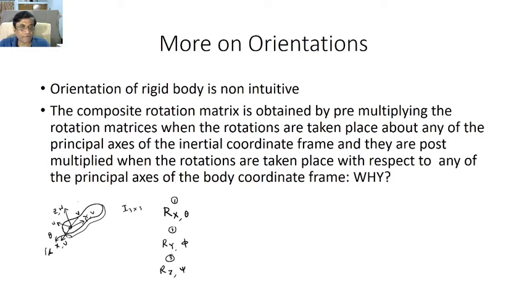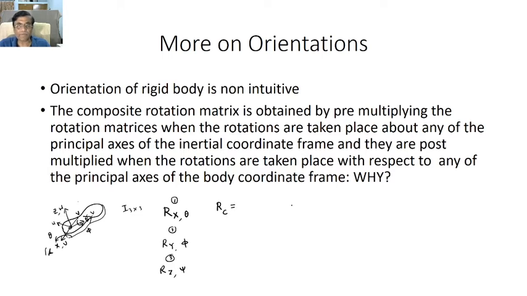So you are here, and then again you are rotating this body, and so on. So what will be the final description of the body with respect to the inertial coordinate frame? That's all we want, and that is known as the composite rotation matrix, and we denote it by C.